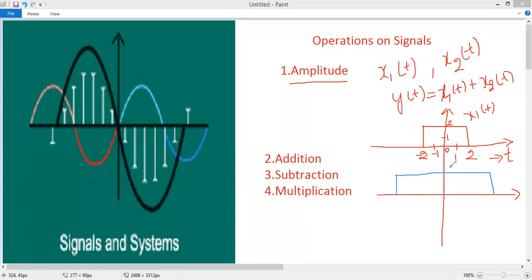Its amplitude is 2. On this time axis, I have a 0 here, 1 here, 2 here, 3 here. And this one is -1, this is -2, and this one is -3.